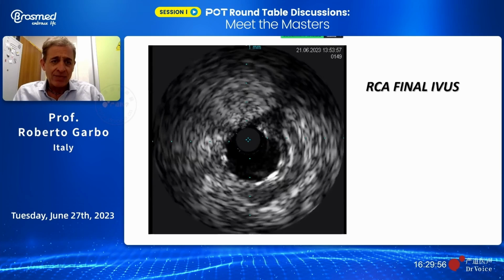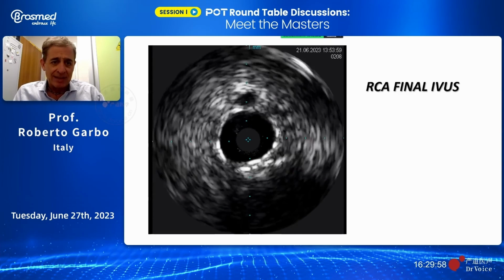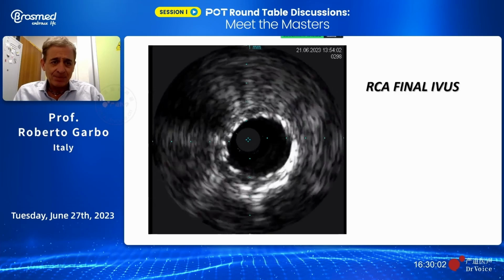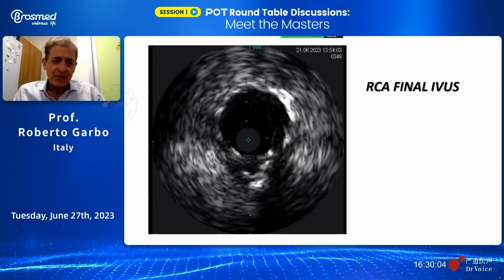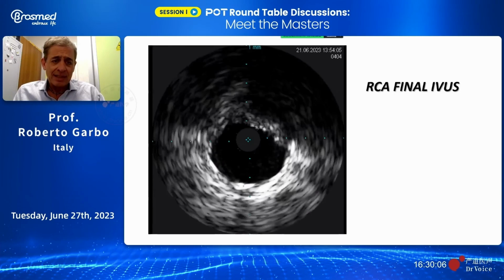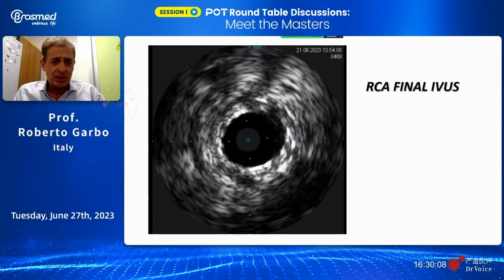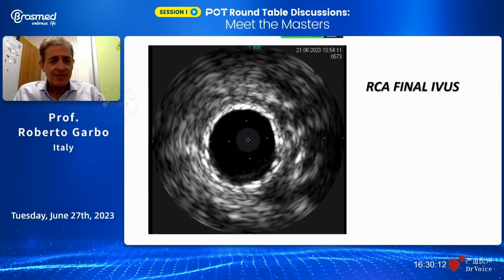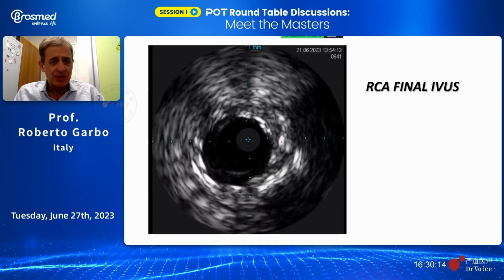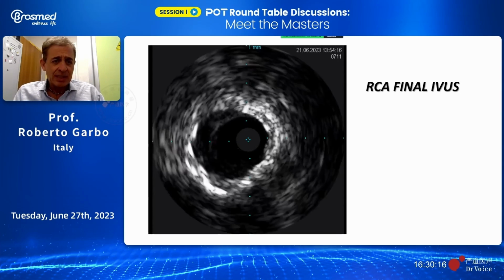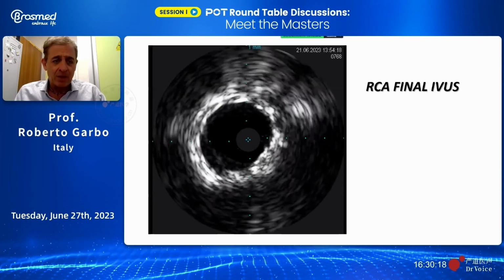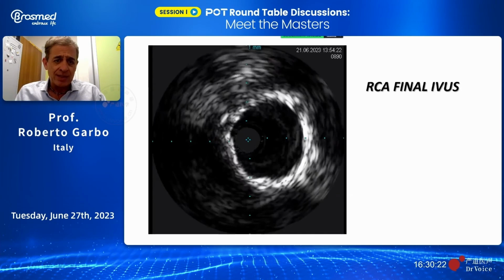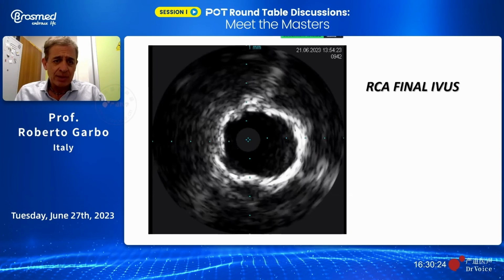As you can see, a very acceptable result of our multiple stenting, and I think a very good result of our post-dilatation in this really complex, calcified vessel with the previous stent failure. Even the proximal part of the right is really good, as you can see now, up to the ostium.